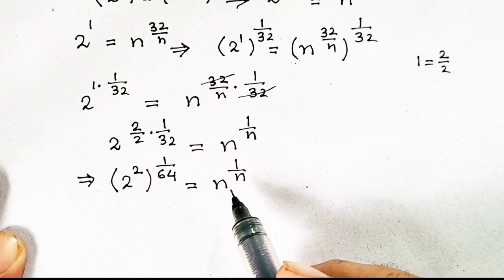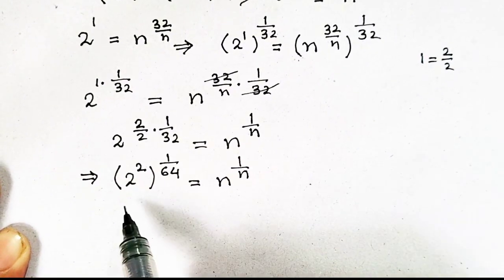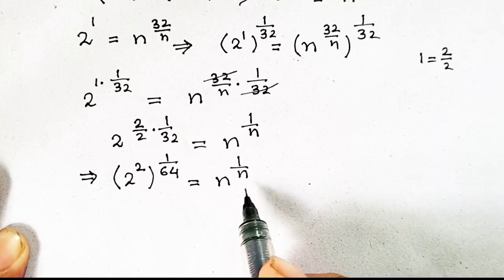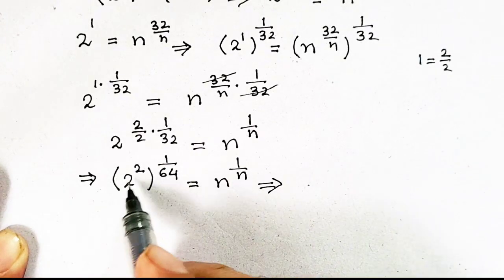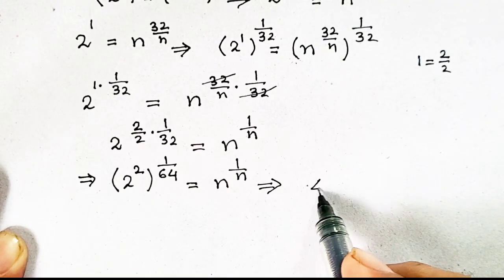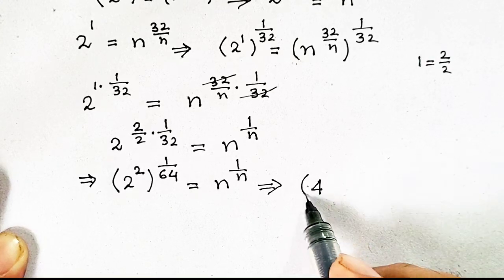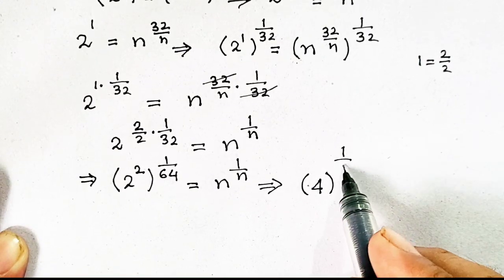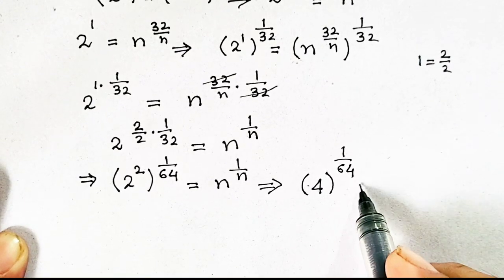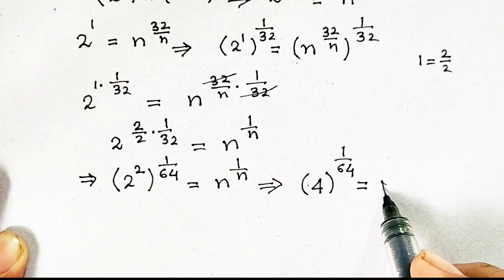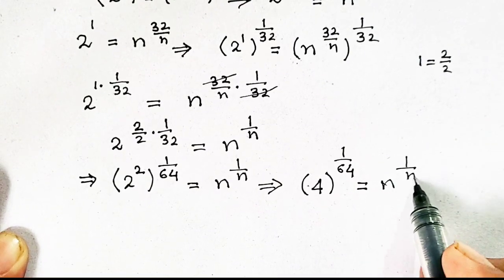Okay, now it is 4, so we will write this 2 square as 4, and its power is 1 over 64 is equal to n power 1 over n.